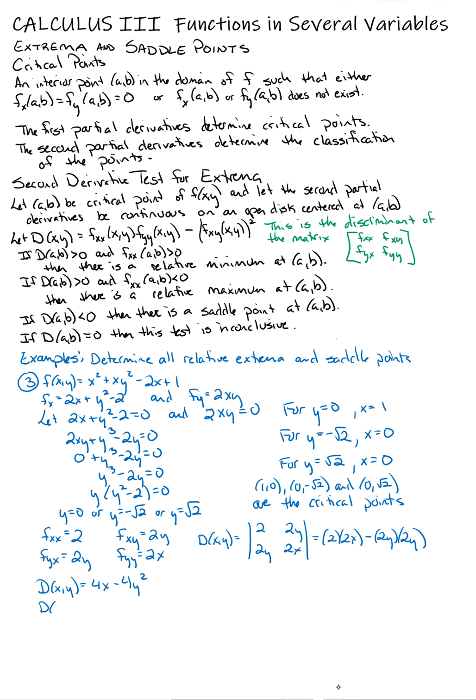So the first critical point, (1, 0), let's see what happens there. If we evaluate 4x minus 4y squared at (1, 0), we get a 4, which is positive. And so we're looking at either this case or this case when that discriminant is positive. All I have to look at now is what's going on with f sub xx.